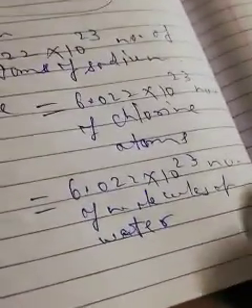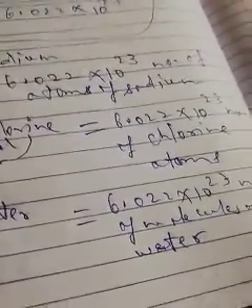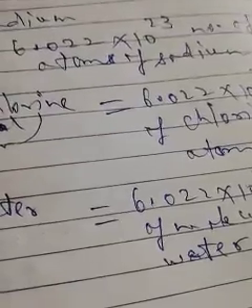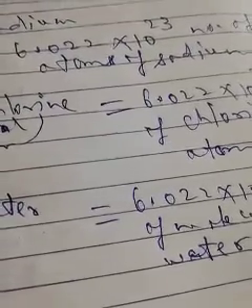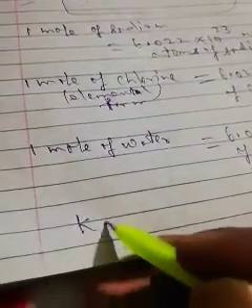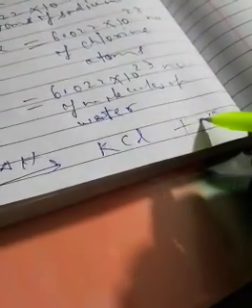This is a hypothetical, imaginary concept, but it is very important because whenever we write a chemical reaction, actually in terms of mole only it is written. So if we are talking about any chemical reaction like KClO3, when heated strongly, we get KCl plus oxygen. We balance this reaction, so we get like this.